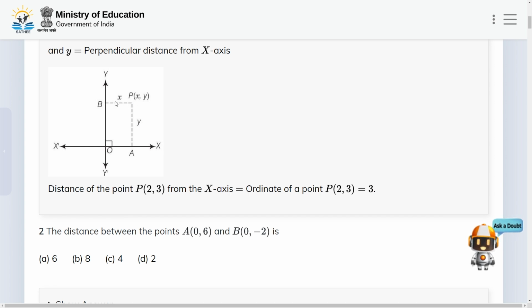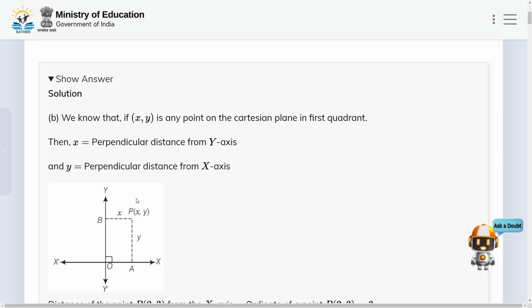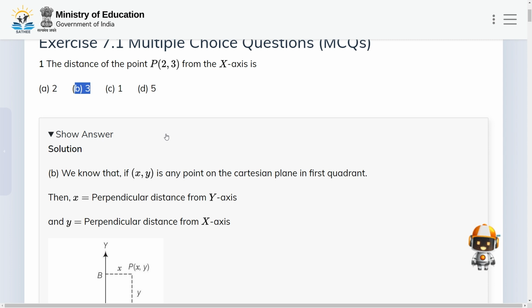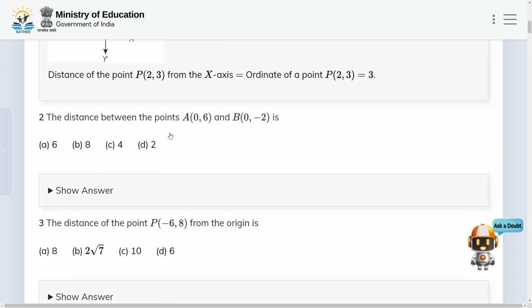This distance is the x-coordinate and this distance is the y-coordinate, that is the ordinate. So for the point P(2, 3), the distance from the x-axis is equal to the ordinate of the point, which is 3. So the correct answer is option B. Now let us move to question number 2.